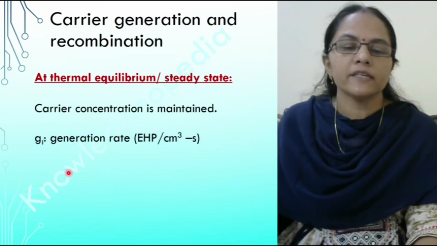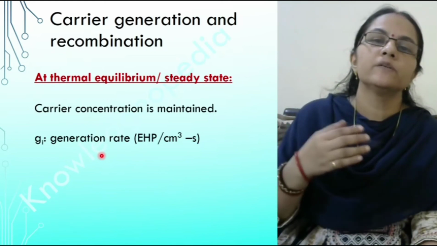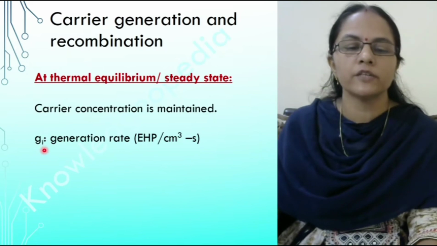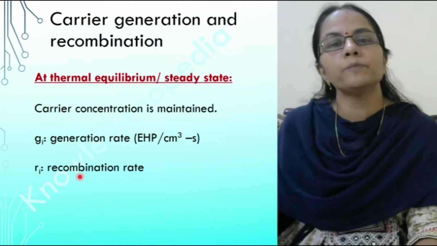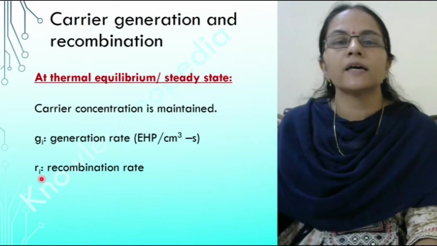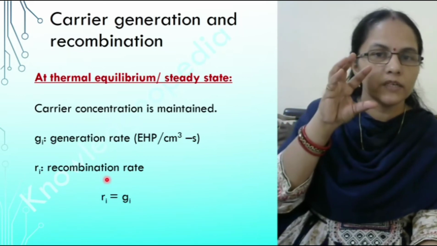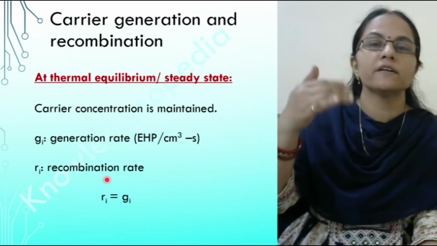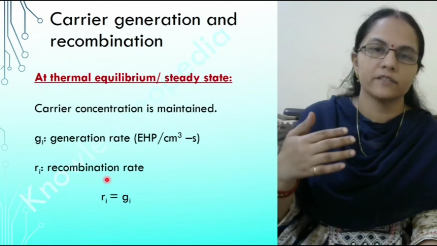Now if we take the generation rate, that is the number of electron hole pairs created per unit volume per unit time, that is noted as Gi, and the recombination rate, that is the number of electron hole pairs eliminated per unit volume per unit time, that is Ri. Then Ri is equal to Gi, because the carrier concentration should be maintained. That means there should not be an increase or decrease in carrier concentration, either hole concentration or electron concentration.